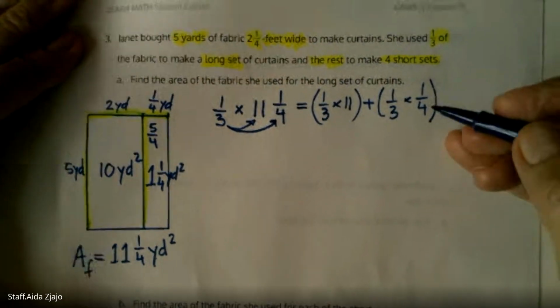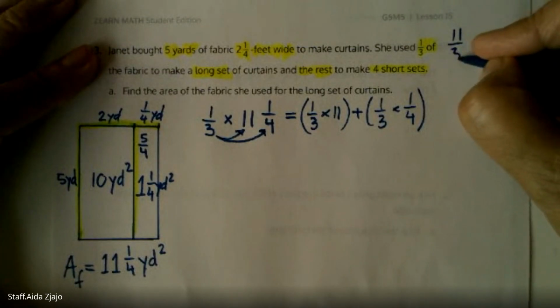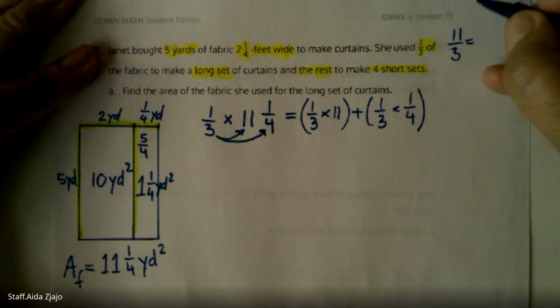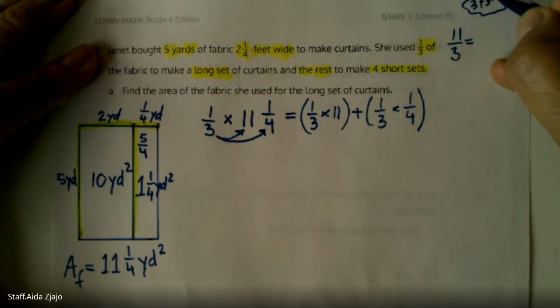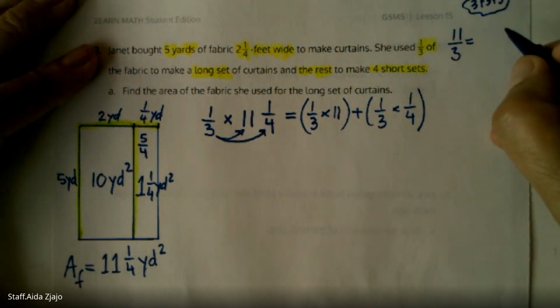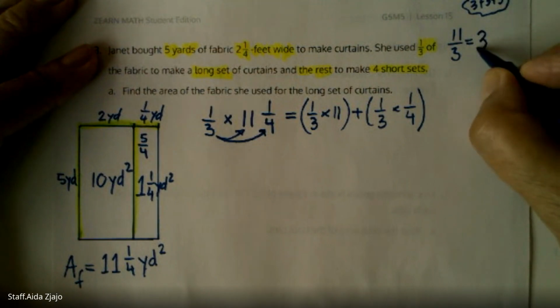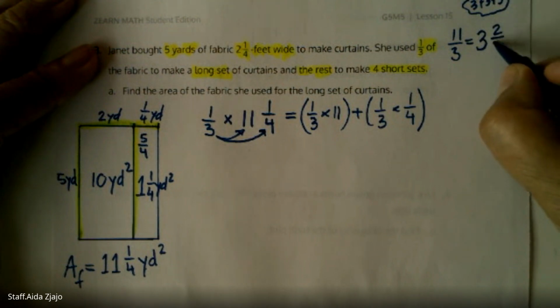11/3. If you have side work, you can say 11/3 equals, you can bubble this: 3 plus 3 is 6, plus 3 is 9. If you add 3 more, that would be 12. So you can only make 3 wholes here. 3 times 3 is 9, and there is 2/3 left.